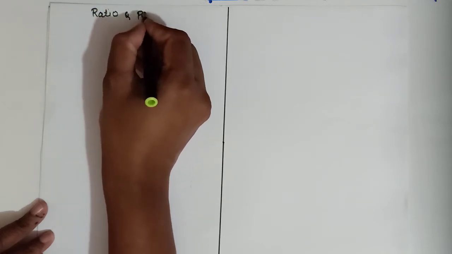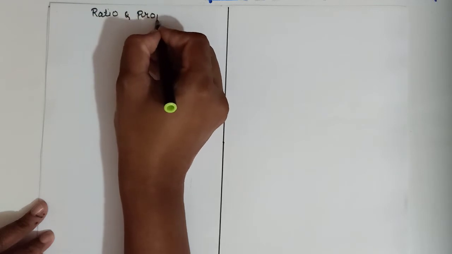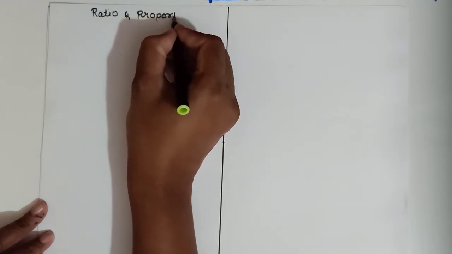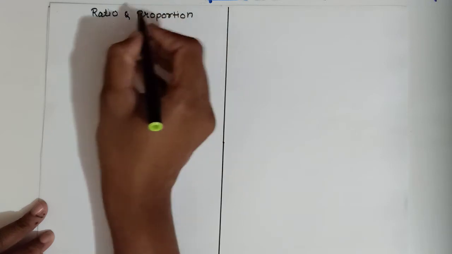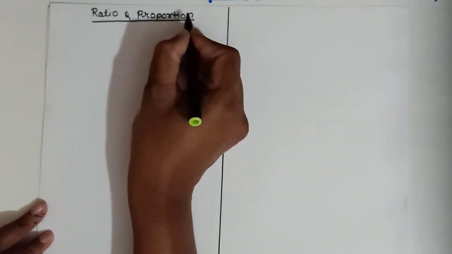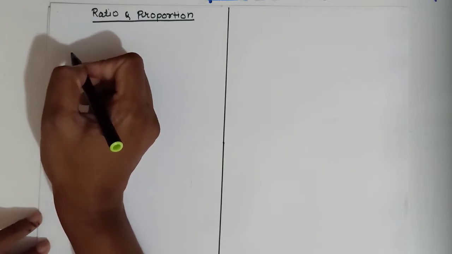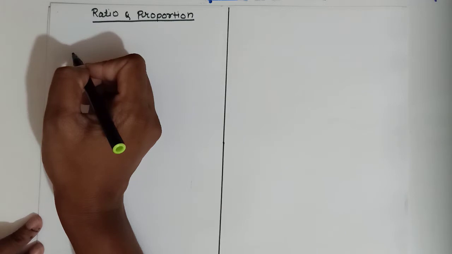In the previous period, I have told you what is ratio, then what is the meaning of proportion, then I have discussed continued proportion, and we have seen how to solve problems by using the K method.